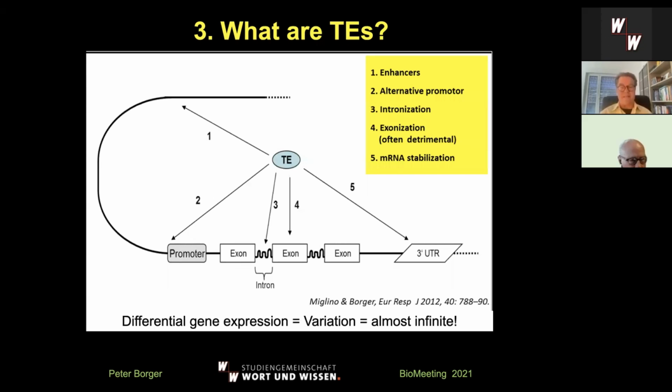So, in fact, we are dealing with transposons, and how do they affect gene expression? That is schematized here. In the middle, we see the transposable element, and depending on where it is located in the genome, it can have different functions. As you see in the yellow panel, they can function as enhancers, and enhancers are in fact driving expression or increasing the expression of genes.